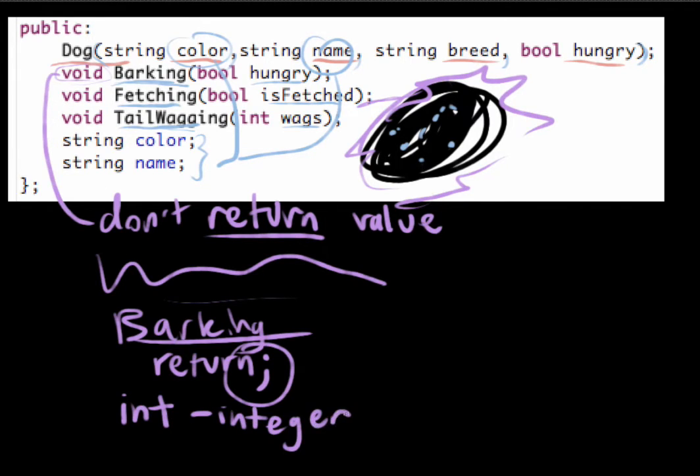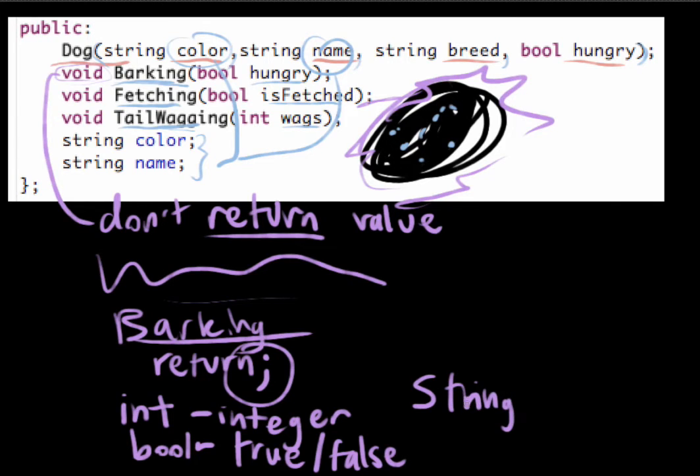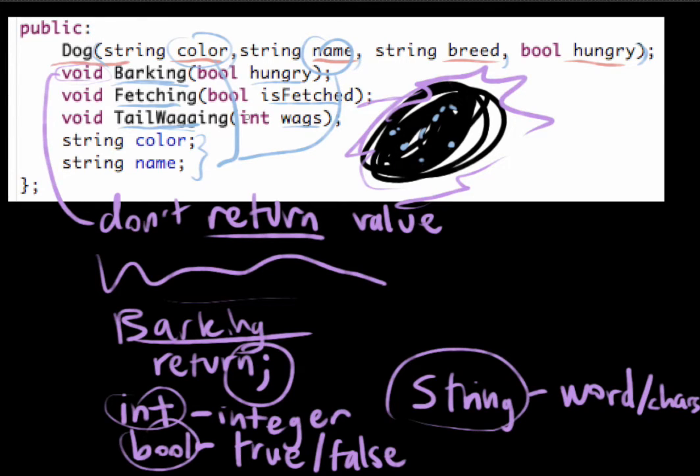Things like int, which means that you return an integer, or bool, which means that you return a true or false value. And there's also string, which is like a string of characters. These are just some of the most common ones. These things in parentheses specify what sort of values the method tail wagging would need to take in order to work properly.